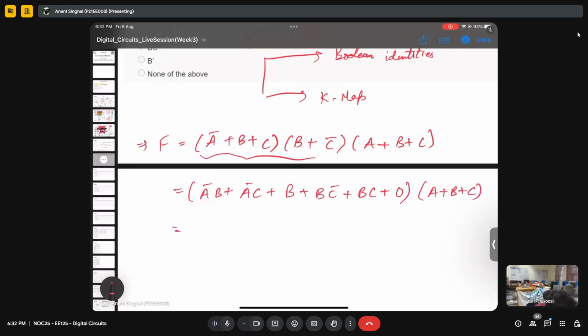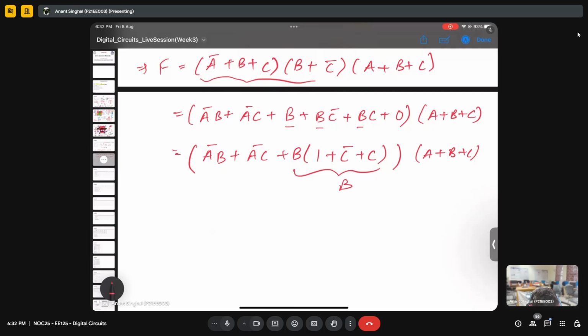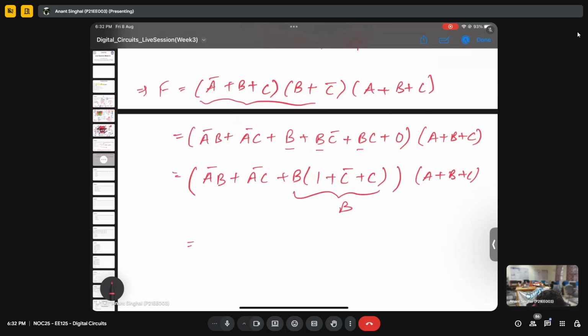So I can take b common from these three, and that will give me 1 only. So I can write this as a bar b plus a bar c bar, plus b times (1 plus c bar plus c), and then a plus b plus c. So this will be nothing but b. Oh, sorry, I've written it wrong: a bar b and a bar c bar.